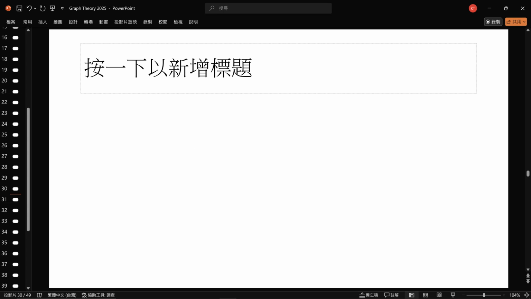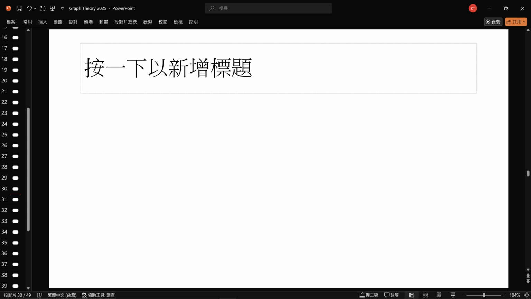Because every component is a tree, we have mi = ni minus 1. We take out this minus 1 from the summation, and since there are k of them, we get minus k.